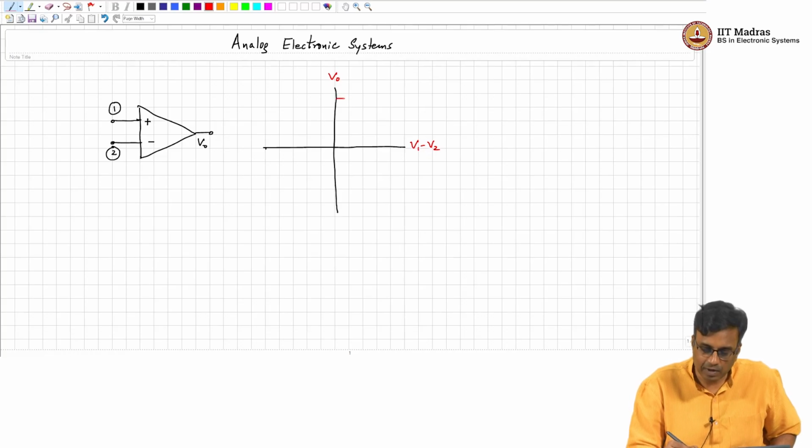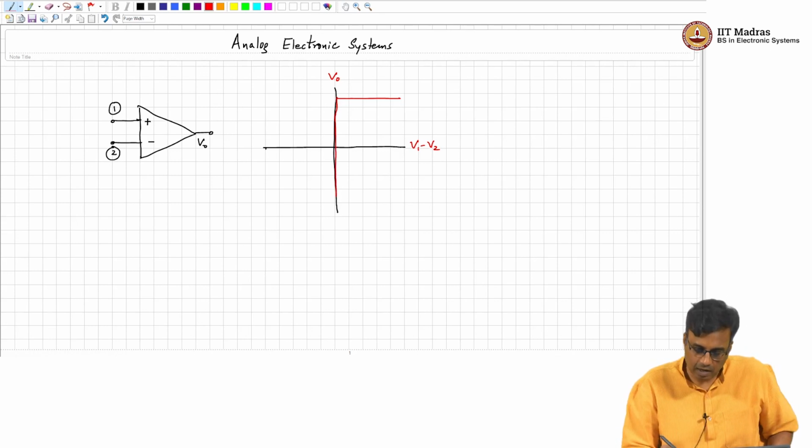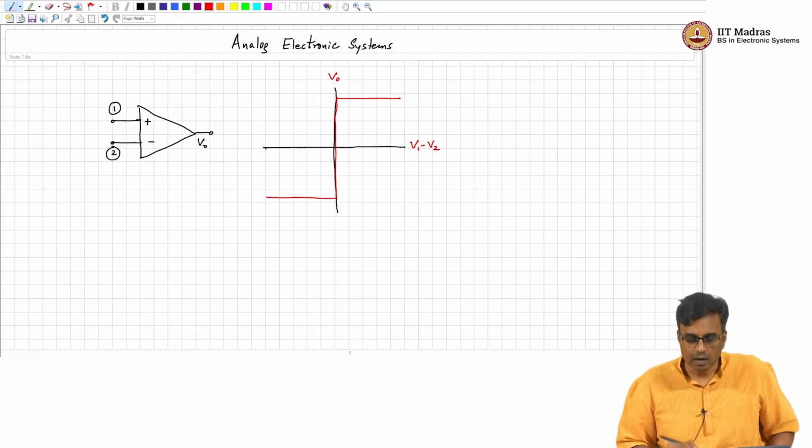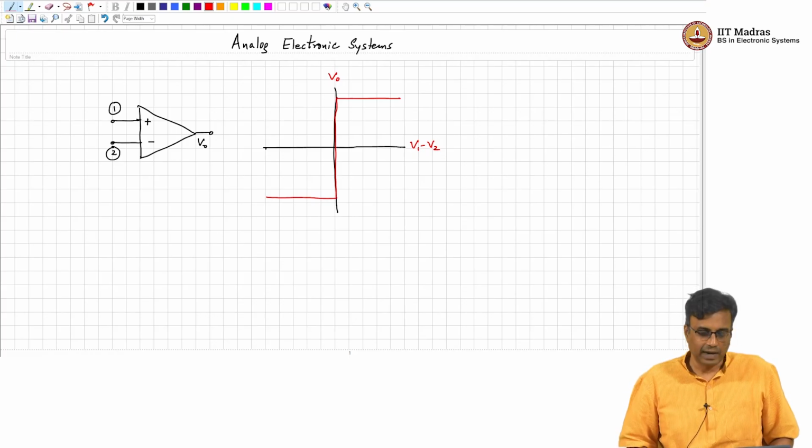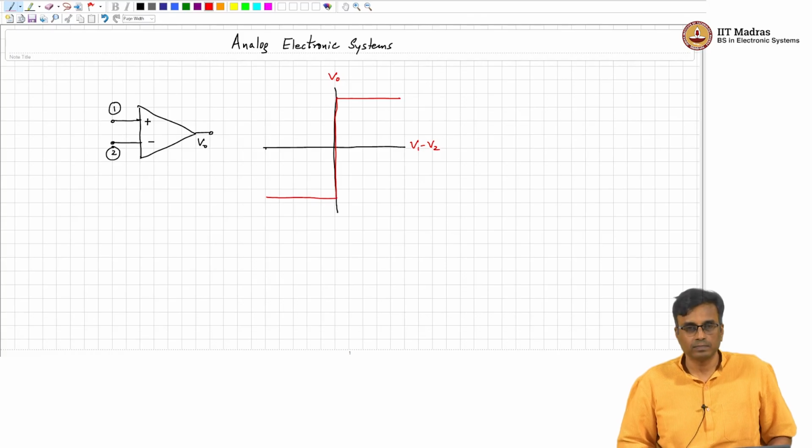I will get a signum function because the op amp is going to saturate for inputs greater than a very small delta, and likewise is going to saturate at the negative rail when the input is slightly negative.